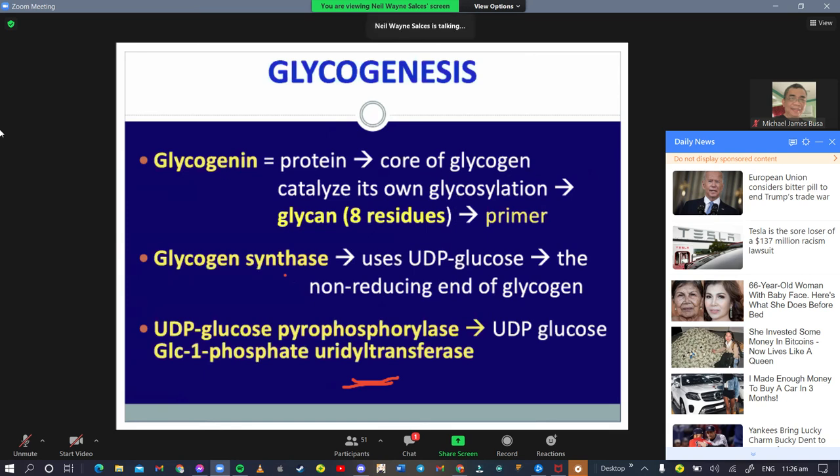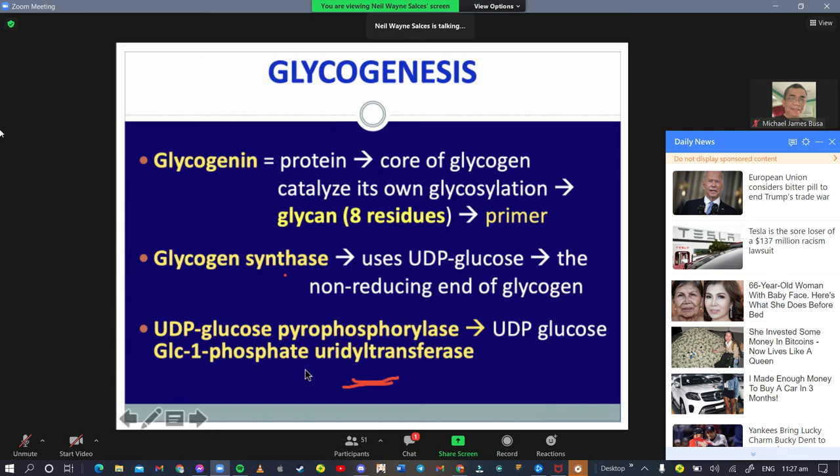So in glycogenesis, now you have your glycogenin, a protein that serves as the core of your glycogen and is catalyzed into its glycosylation. You have your glycan composed of 8 residues that eventually forms your primer. Your glycogen synthase, on the other hand, uses UDP-glucose as a substrate at the non-reducing end of your glycogen.